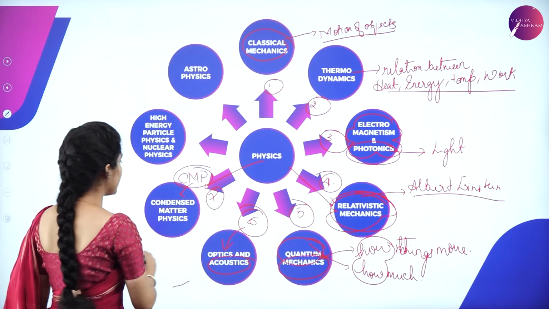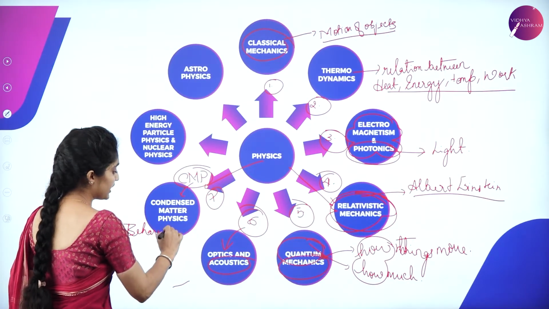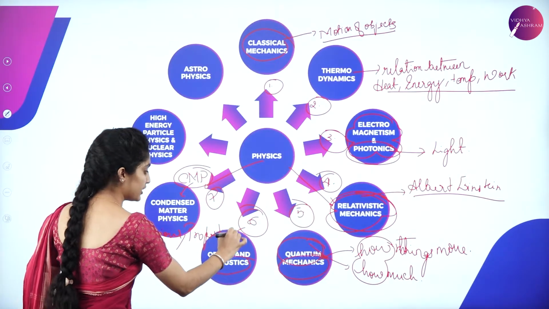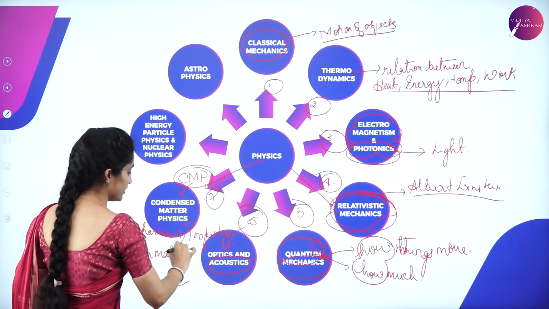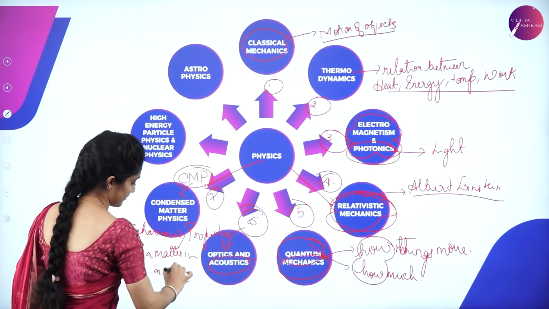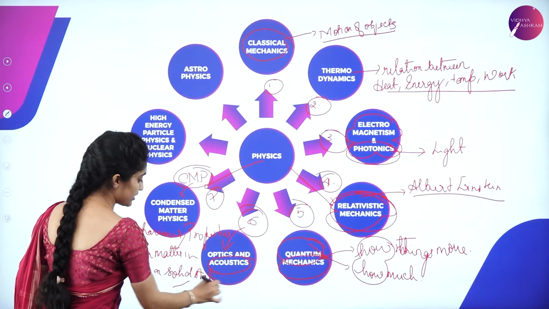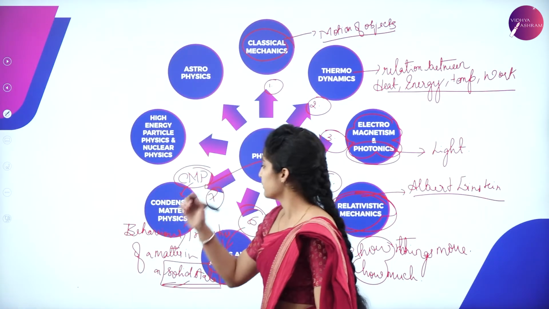We study the properties and behavior of solid states. Properties as well as behavior, the behavior and properties of matter in a solid state. The main importance is given to the word solid state. The study of the solid state comes under condensed matter physics.